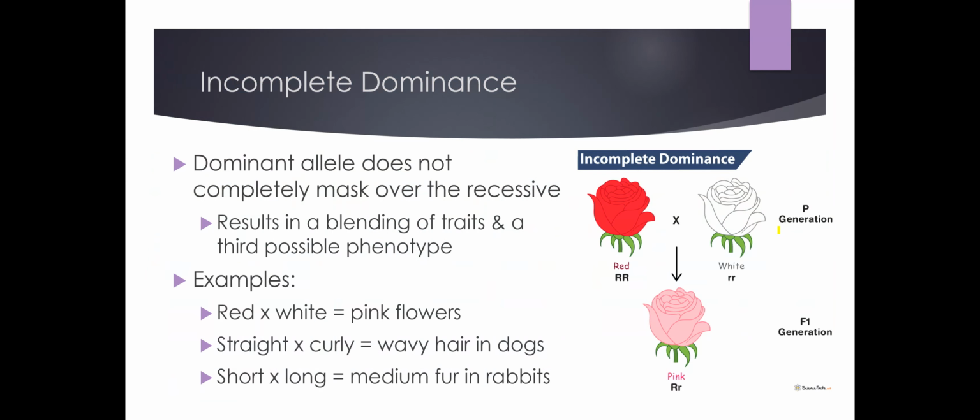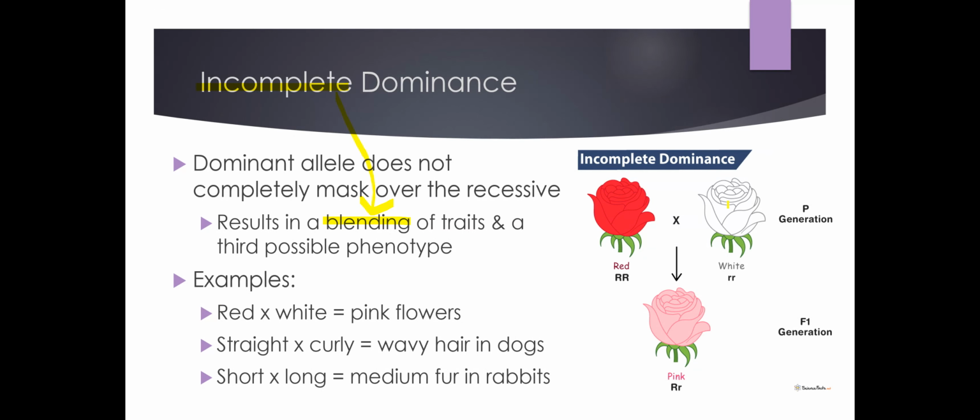Now in incomplete dominance, it's just like what it says. The dominant allele does not completely dominate or mask over the recessive. It just kind of covers over. And so what happens is we get a blending of traits. Incomplete dominance leads to a blending of traits, very important. Some examples of this are in flowers.